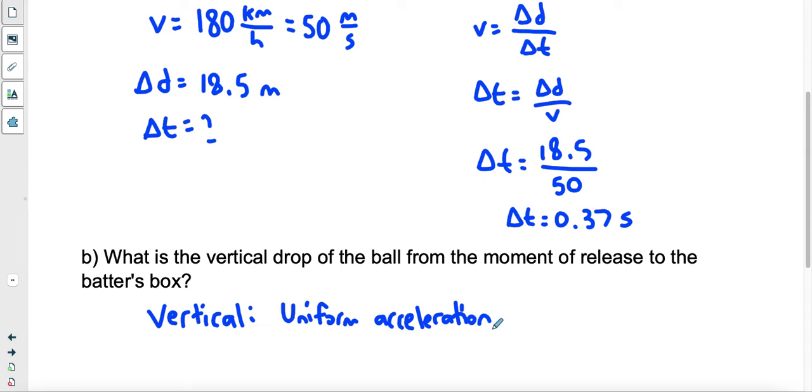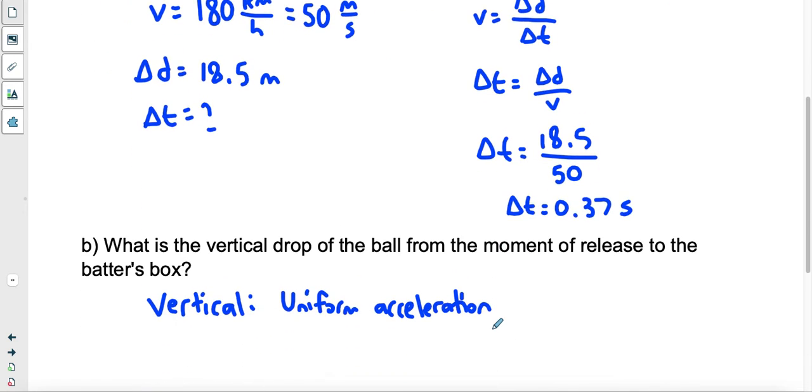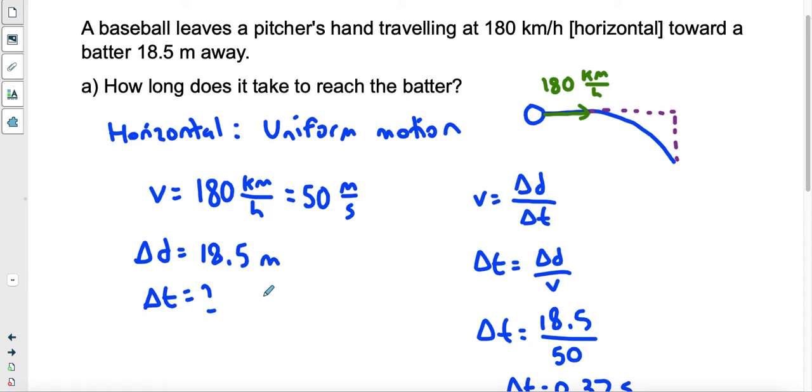So let's take a look at this now. Let's see what we're given. And again, just remember, we're looking at the vertical component of the motion now. Since this ball was thrown horizontally, the initial vertical speed is going to be 0. There won't be any initial speed in the vertical direction because the ball was thrown horizontally. What else do we know?